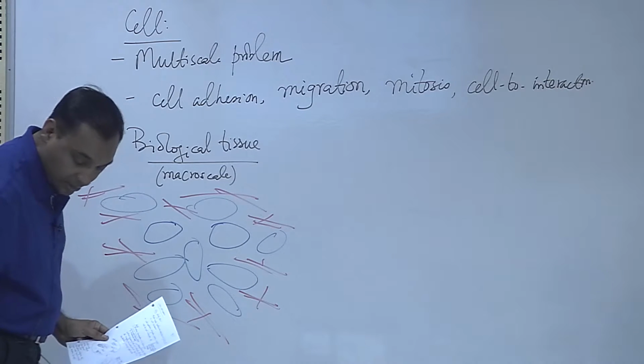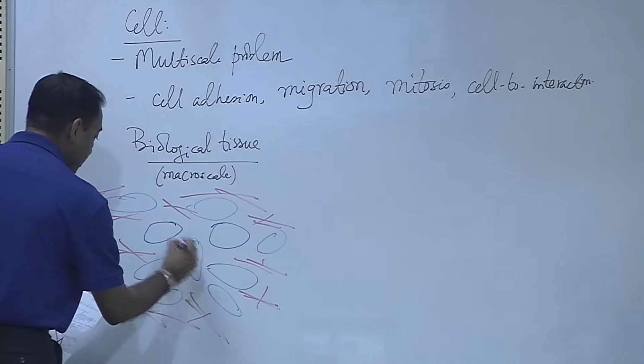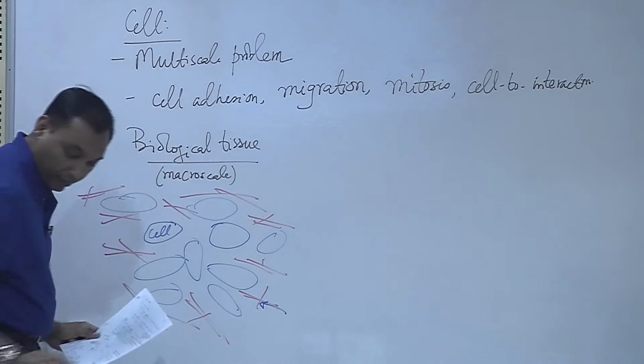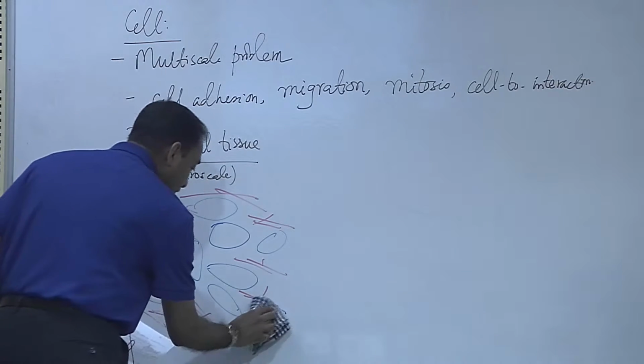So the blue ones are the cells, this is a typical cell, and the red one is the collagen fiber.